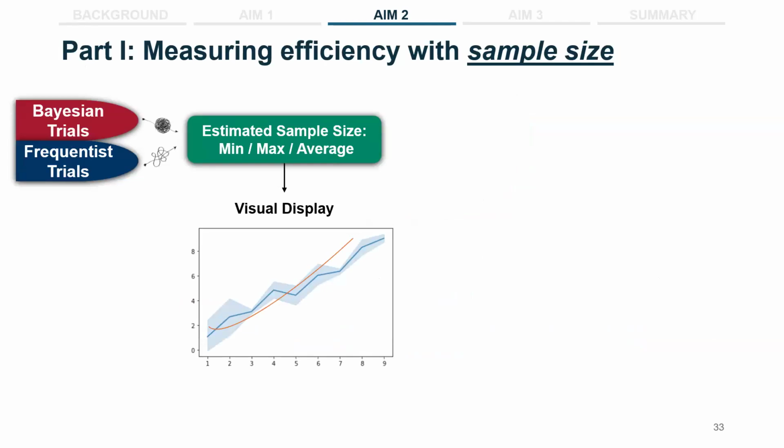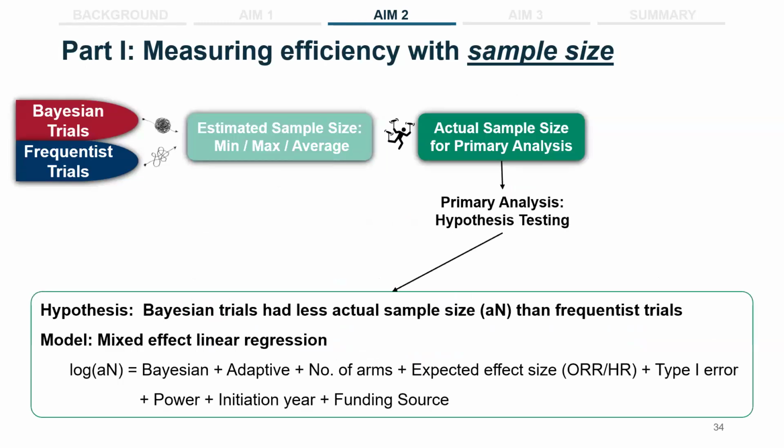First, we'll plot the estimated sample size and compare the 2 groups visually. For the primary analysis in this part, we're going to test the hypothesis of whether Bayesian trials had less actual sample size than frequentist trials using a mixed effect linear regression model.